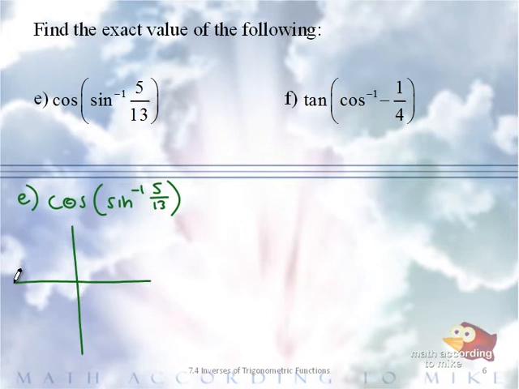Sine inverse returns in what quadrants? So sine inverse has a range from negative pi over 2 to pi over 2. Okay. So if sine inverse is 5/13, well actually, we can narrow this down even further. Since sine inverse returns in quadrants 1 and 4, sine is positive in which of those two quadrants?